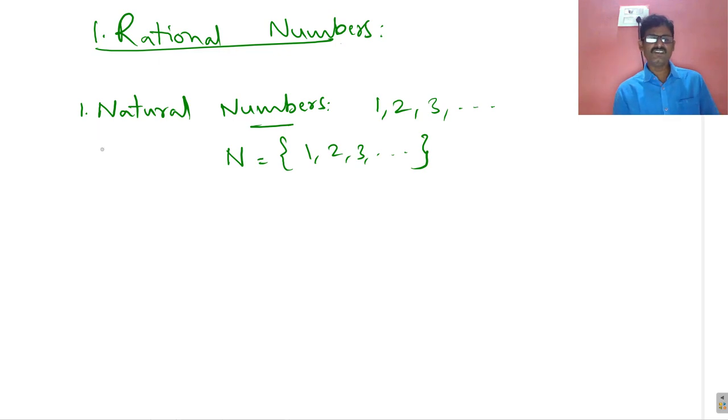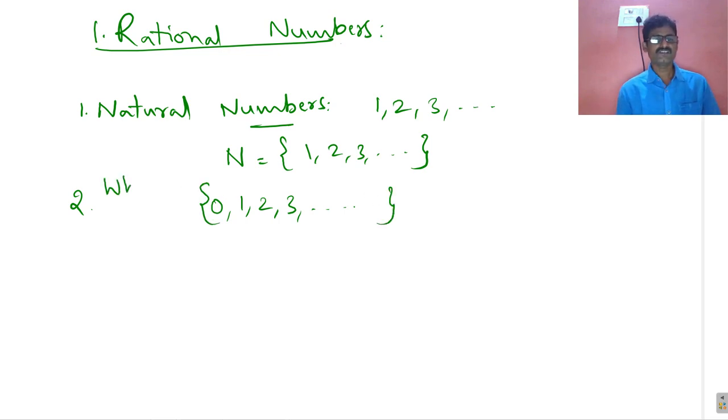For this collection, if we add 0, that means we will get 0, 1, 2, 3 and so on. These are said to be whole numbers.